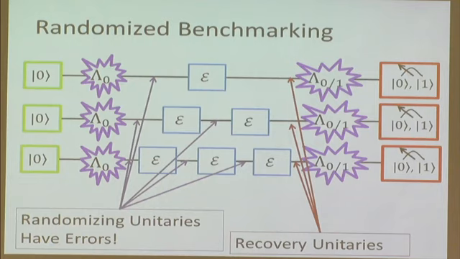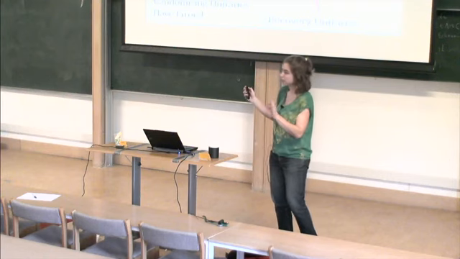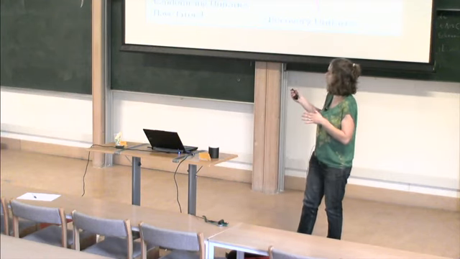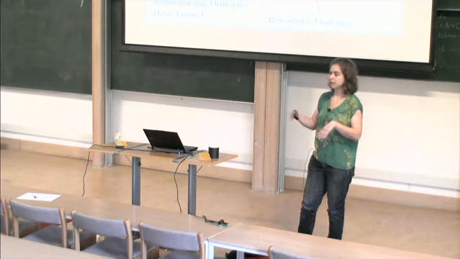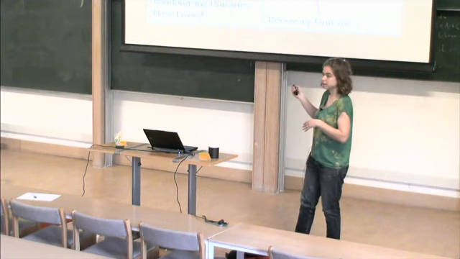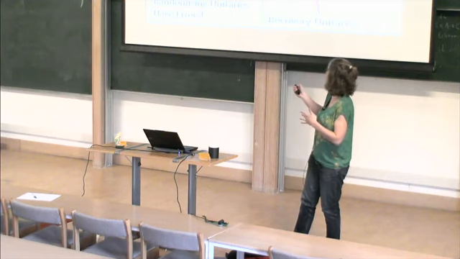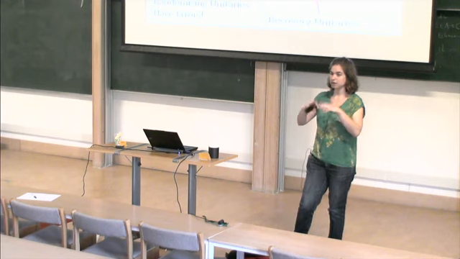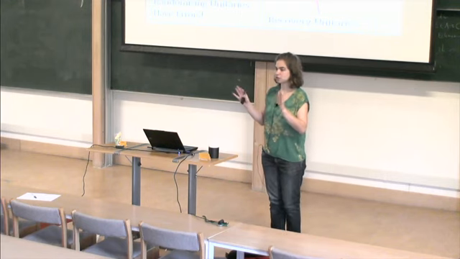Previous randomized benchmarking experiments didn't really know how to deal with these errors, and because of that, you were very limited in the types of processes that you could characterize. You couldn't stick anything in here because that error basically mixed things up too much, and so you didn't know what was going on.